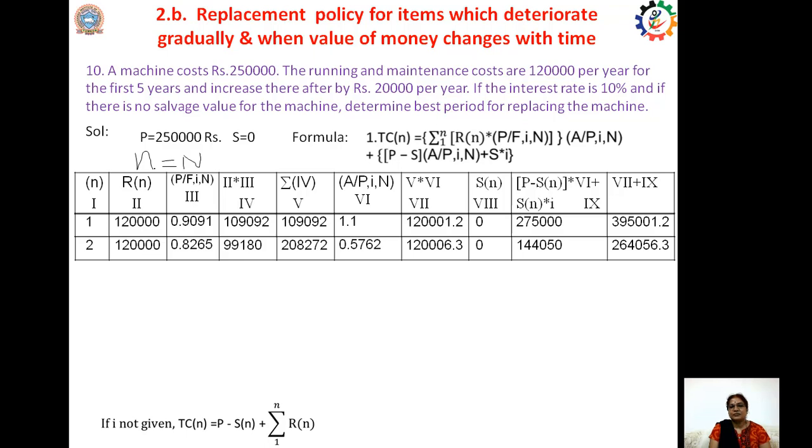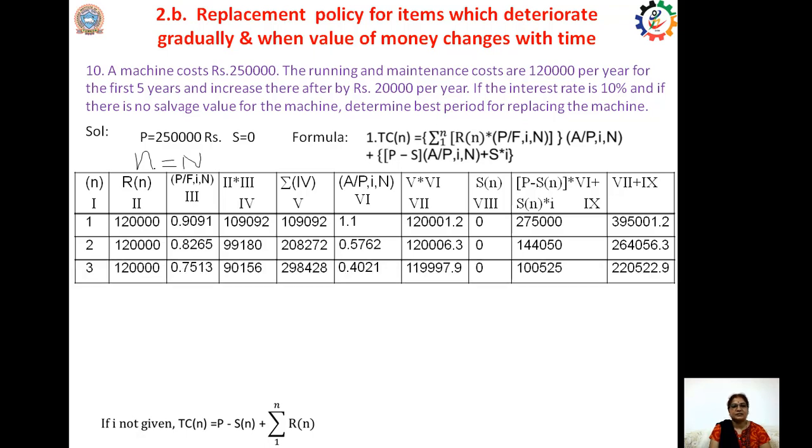Salvage value from the data, 0. Do this calculation: 2,50,000 minus 0, into this value, and this term vanishes, otherwise it should have been 0 into 0.1. So you get this much. You add 7th and 9th, these two, to get this value. Simply you remember this, then you include the i effect.